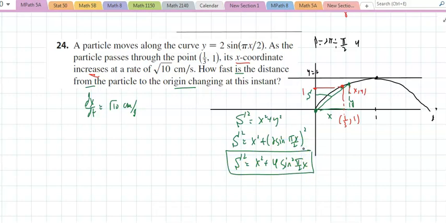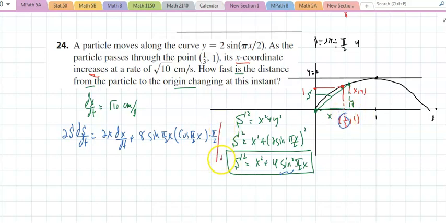That would be my equation, and now if I take a derivative of that, 2s ds/dt equals 2x dx/dt plus, bring the power down, subtract one from the power, times the derivative of the inside, which is the cosine of pi over 2 x times pi over 2. And I have an x evaluated at x equals 1/3.